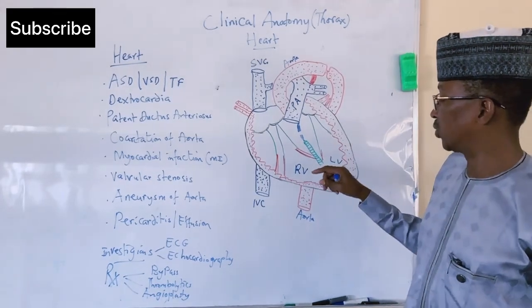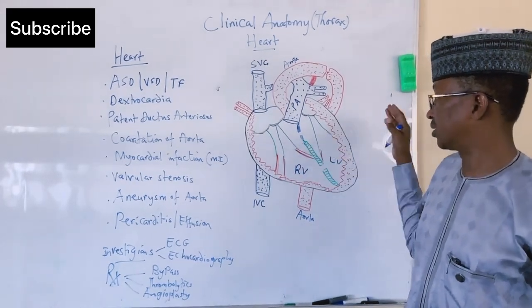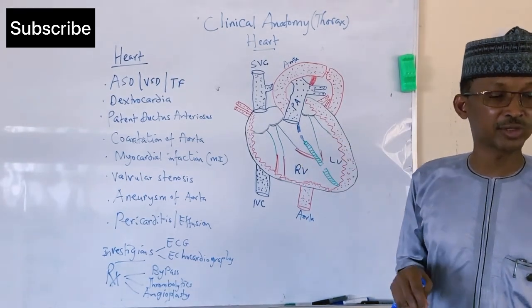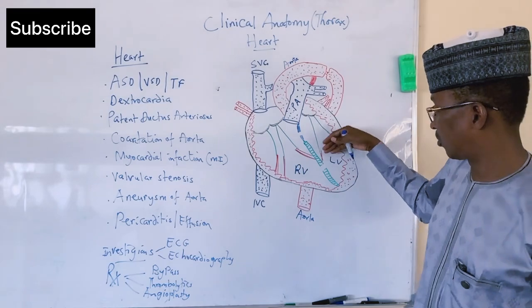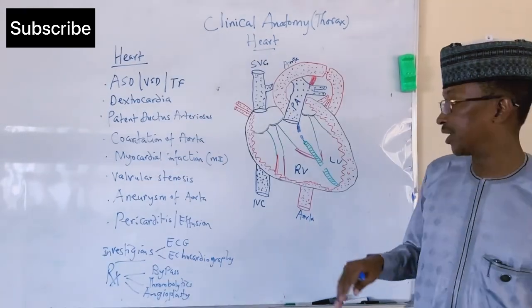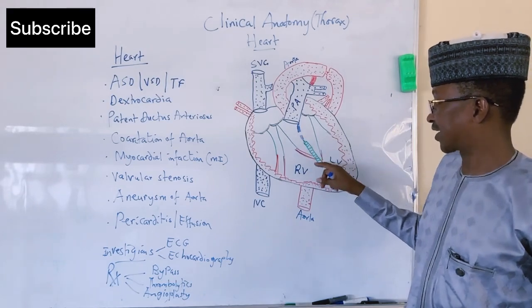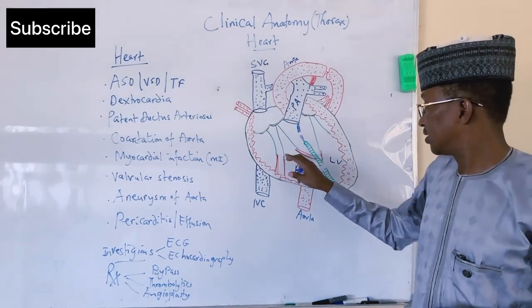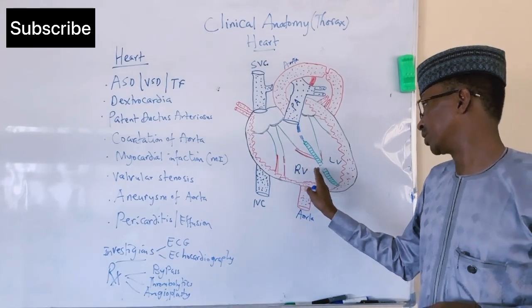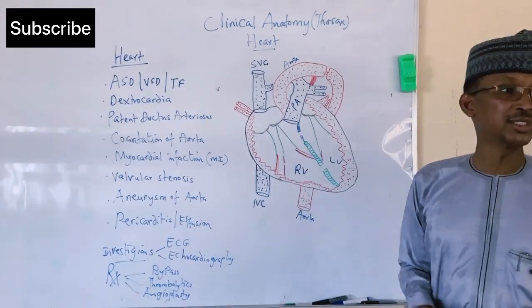By so doing, blood will also be mixing between the oxygenated and the deoxygenated blood. So blood will be coming from the left ventricle into the right ventricle. And if the defect is very large, the deoxygenated blood from the right ventricle may get its way into the left ventricle.